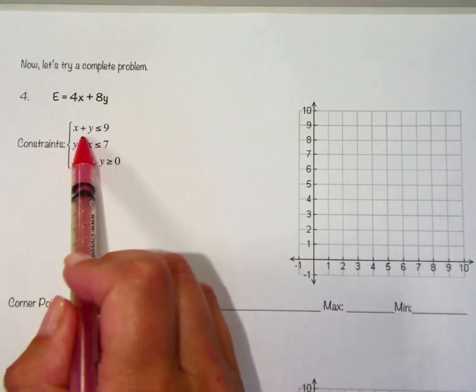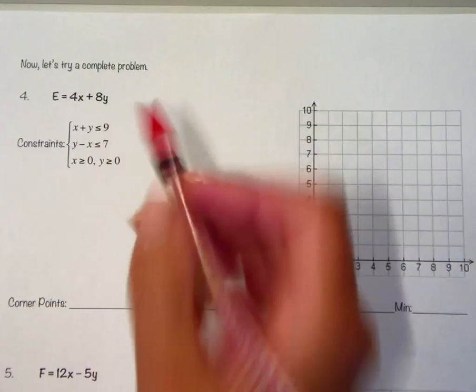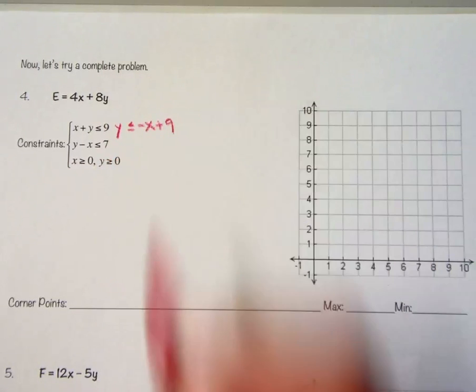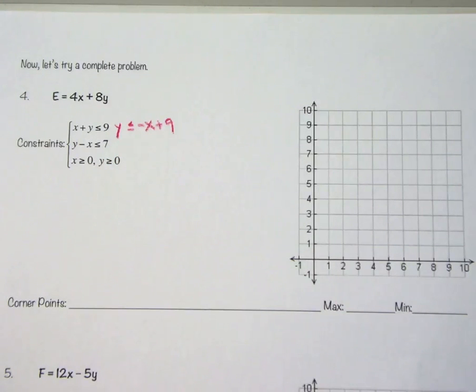So if we look at this first one, that's actually, I think, the first one from the last example too. If you subtract x, we have that inequality that we can graph.